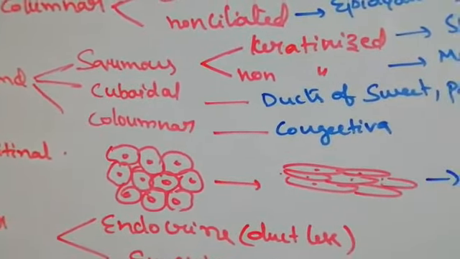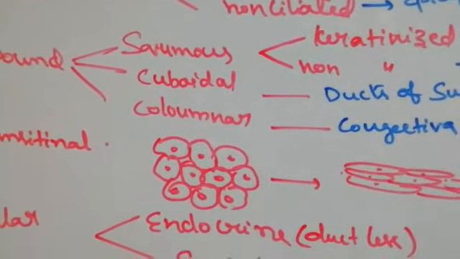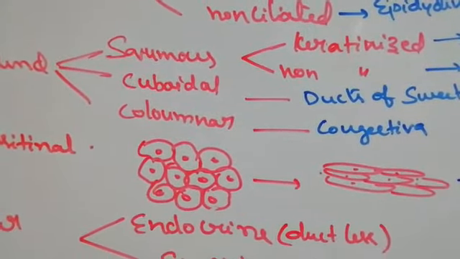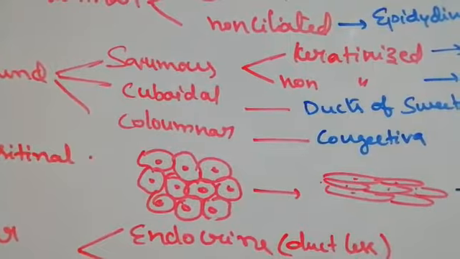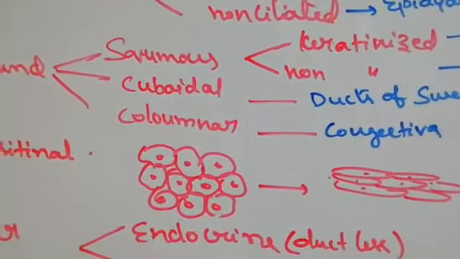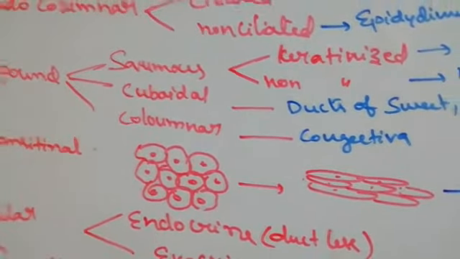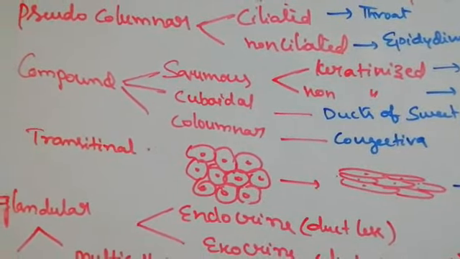When urine fills the ureter and urinary bladder, these circular cells become flat and look like squamous cells. So they are changing their shape, transitioning from one shape to another. That's why we call it transitional epithelial. So where is it located? Ureter, urinary bladder and prostatic gland.